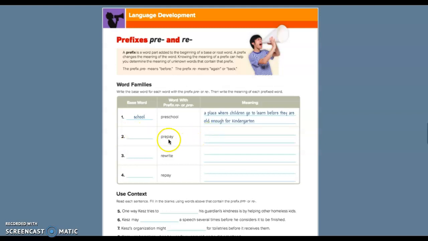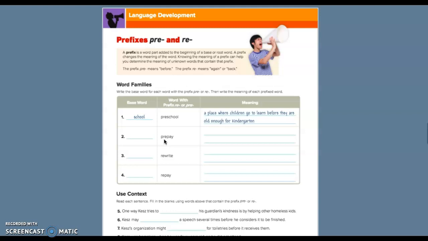Then pre means that you do something before, right? So if I prepay for something, think about the school pictures that we take at school. We prepay, you pay, and then you have the pictures taken, and then eventually your pictures show up.